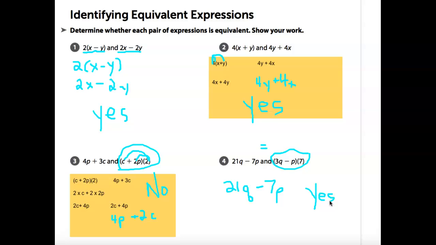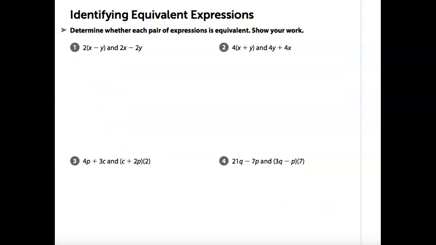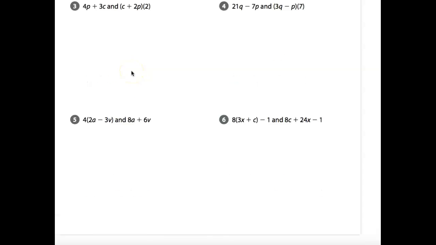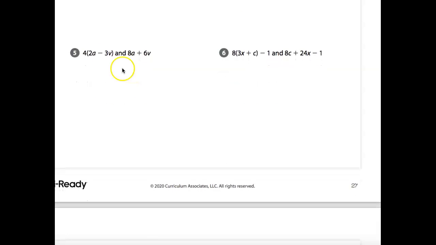Okay? All right, let's go on to number 5. I have to pause it and move the screen up, so I'm going to lose my markings, but you should still keep yours. All right, okay.